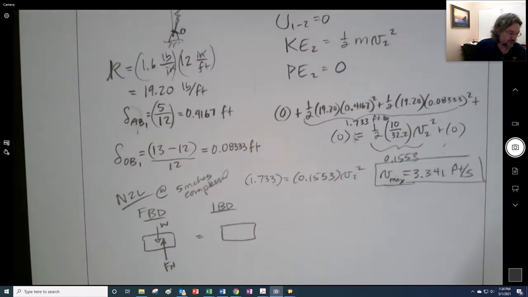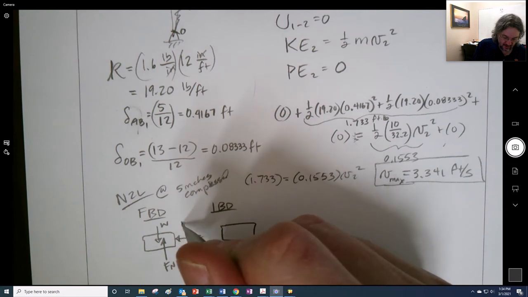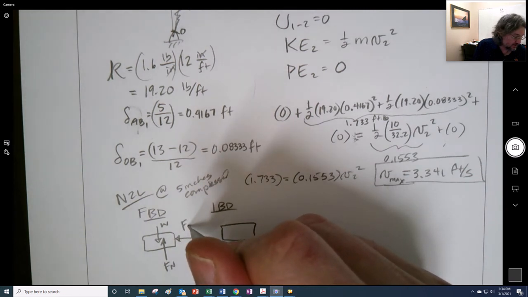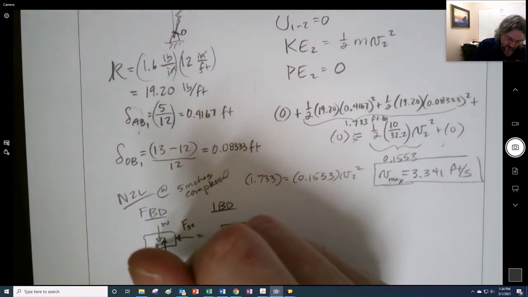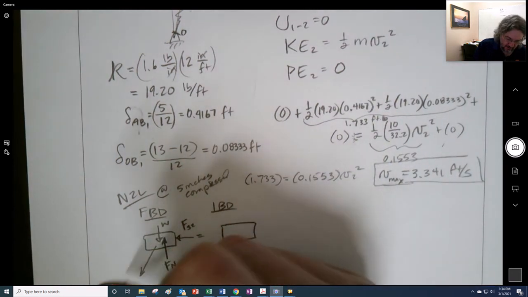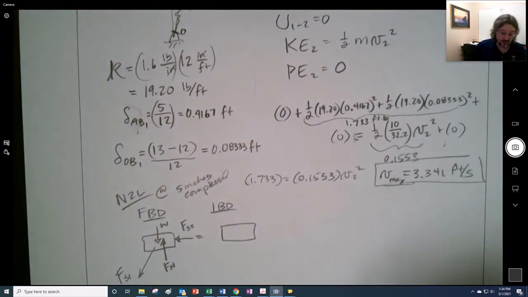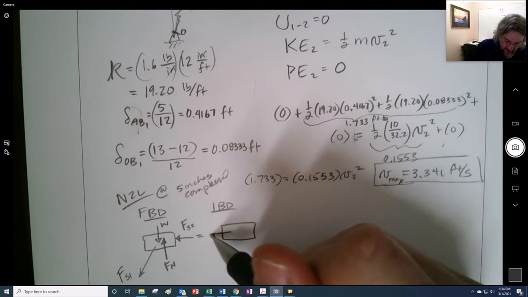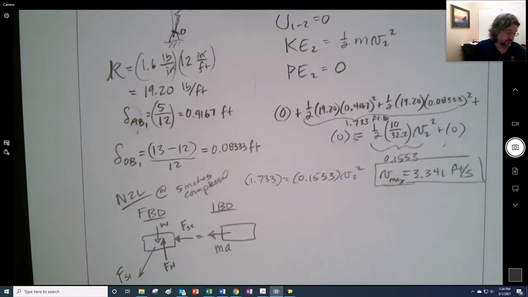There's going to be a normal force coming that way. But we're going to have the force of the spring, I'll call it S. I think I called it BC here. I'm going to go spring 2. And then I'm also going to have the pull of spring 1. I'll call it spring 1. And then, in terms of acceleration, we're going to have mass times acceleration right there.